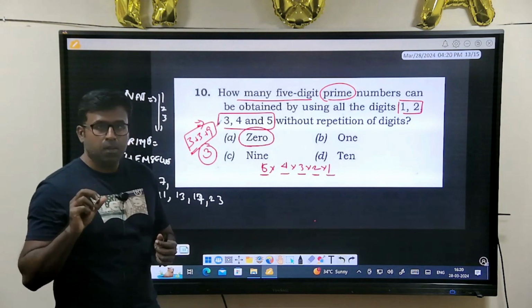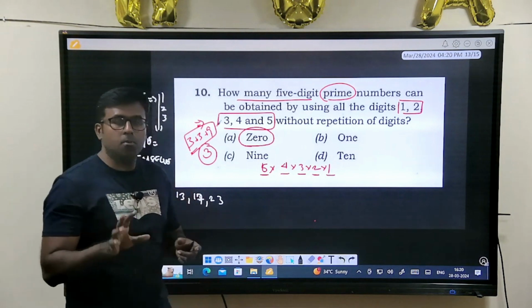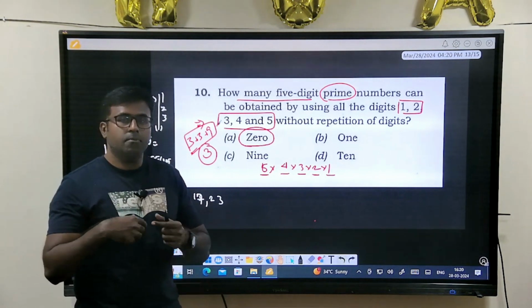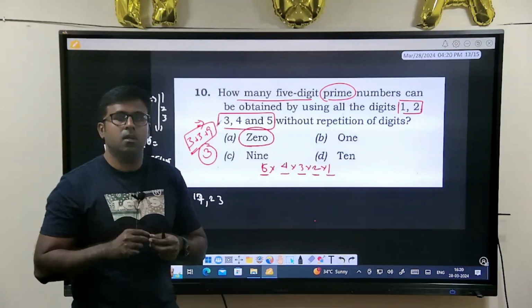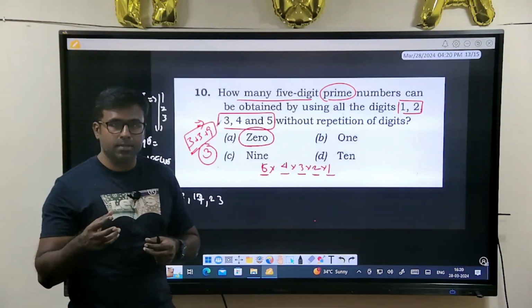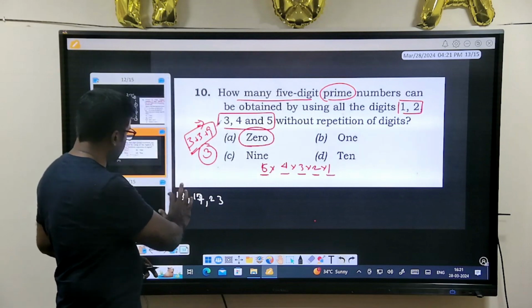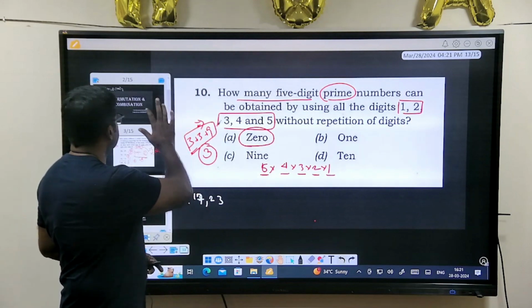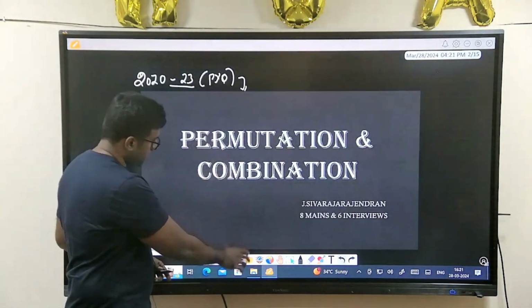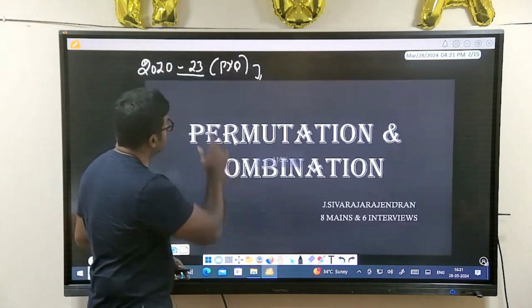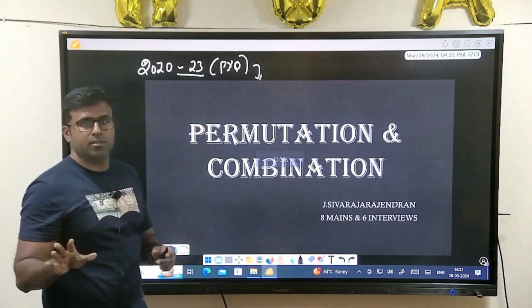So this is the thing which I was talking about, and I think we have solved some questions. I will again go back and revisit CSAT and maybe solve some more relevant questions for this examination. This permutation and combination, as I have been saying, look at the question paper from 2020 at least.